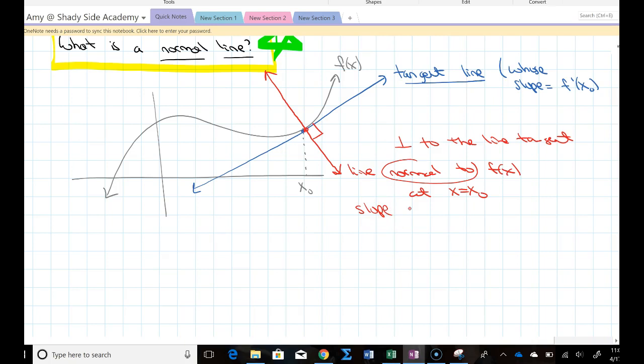They are negative reciprocals. So if you know the slope of the tangent line at x equals x naught is f prime of x naught, the slope of the normal line here is going to be the negative or the opposite reciprocal, negative 1 over f prime of x naught. Okay? So now we can do all questions involving normal line.